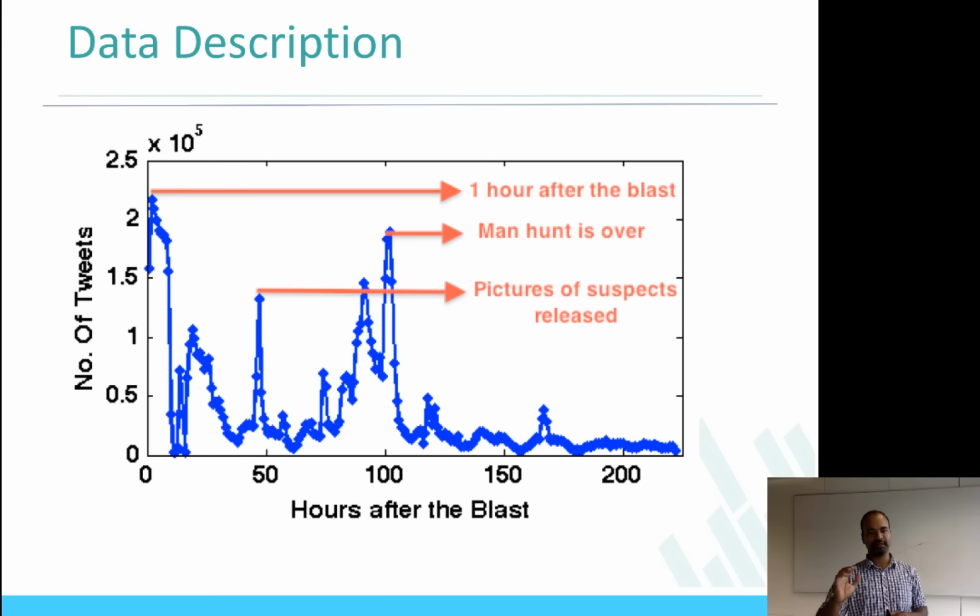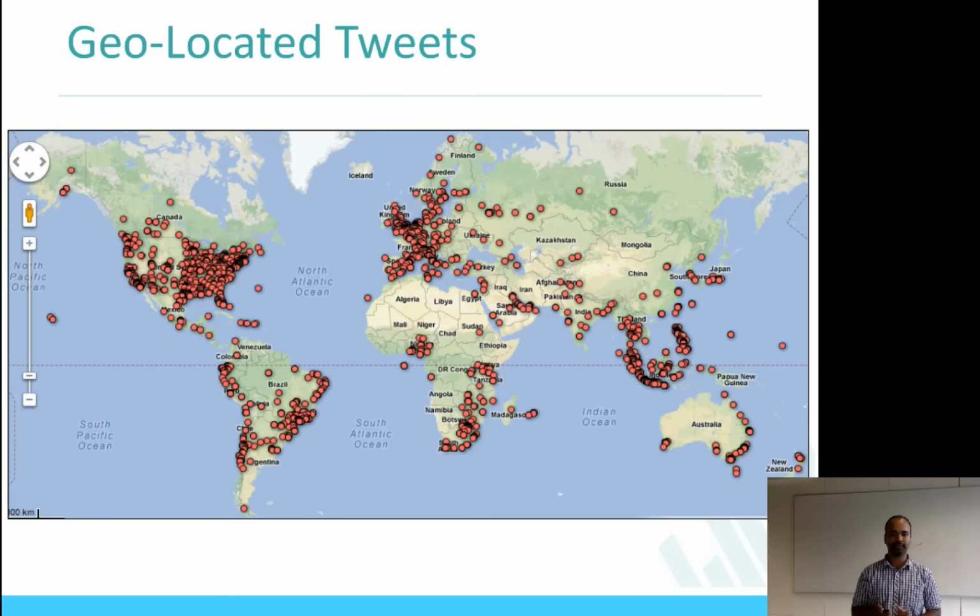Then there was a spike in tweets about pictures of suspects released, and manhunt is over. That's the way that the content that gets generated on social media behaves. We've tried looking at these kinds of graphs for many, many events, and it looks very similar, with spikes being correlated to the real world incident or event that happens.